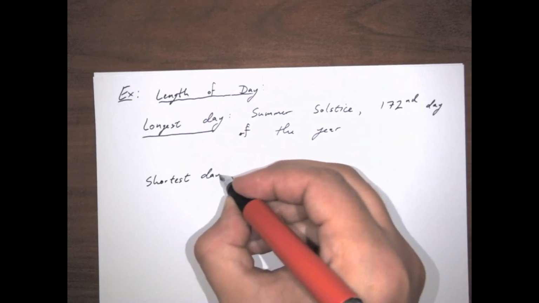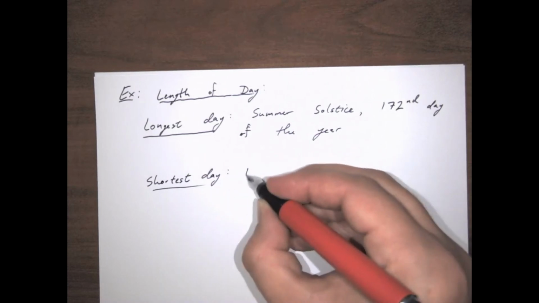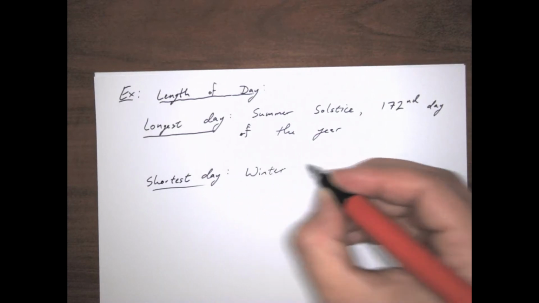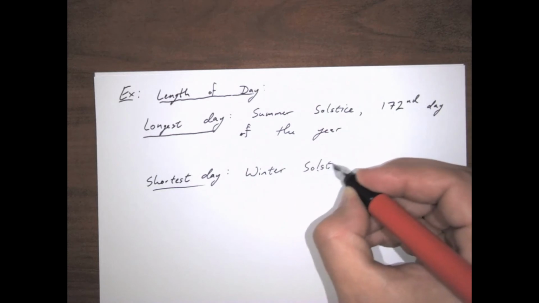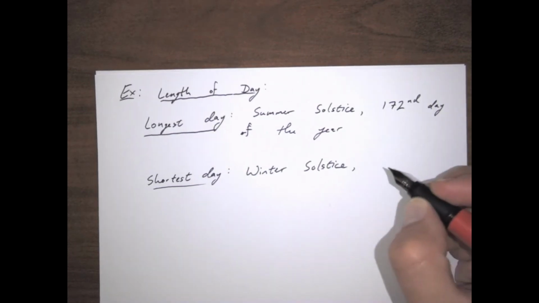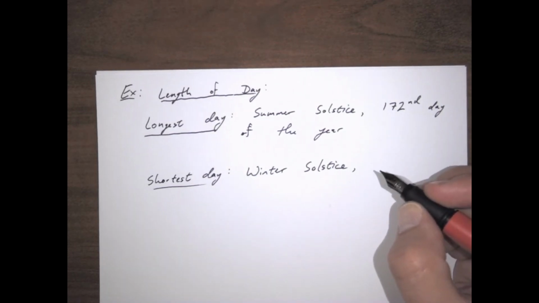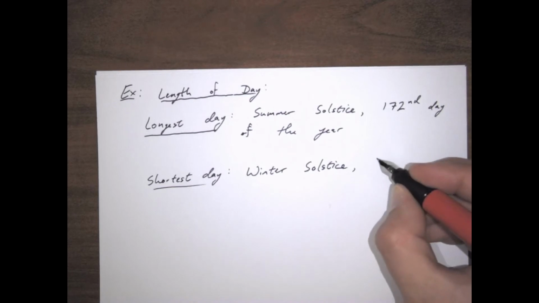So the shortest day, on the other hand, that would be the winter solstice. And that is on the 355th day of the year.